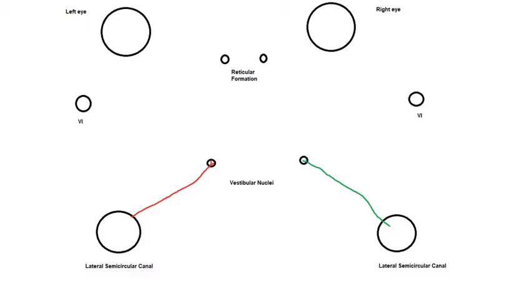The hair cells within the left and right lateral semicircular canals will bend in opposite directions, causing an excitatory effect within the lateral semicircular canal on the right and an inhibitory effect within the lateral semicircular canal on the left. So here we have the right lateral semicircular canal sending an excitatory signal to the right vestibular nucleus, and the left lateral semicircular canal sending an inhibitory signal to the left vestibular nucleus.